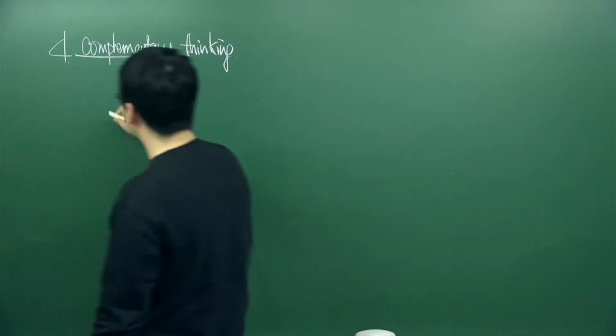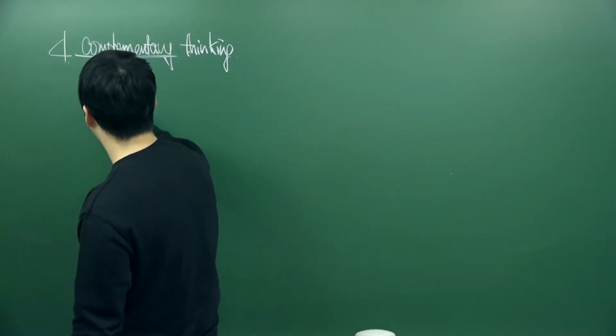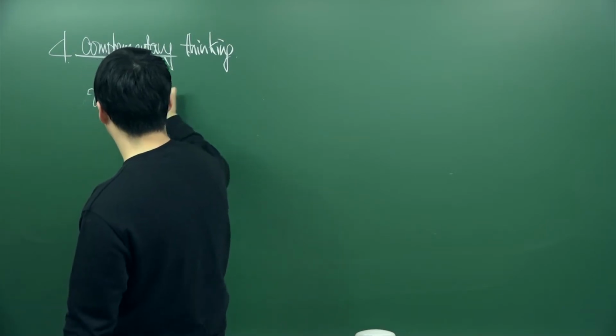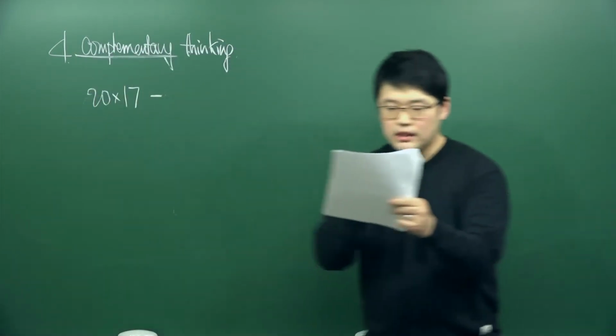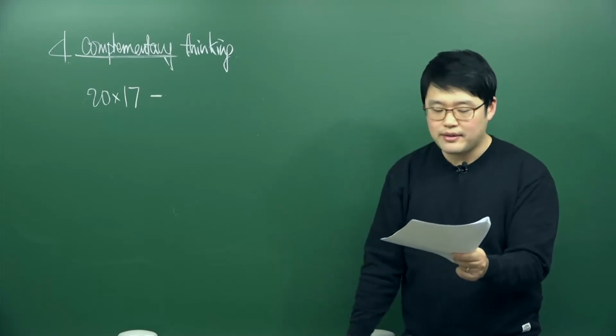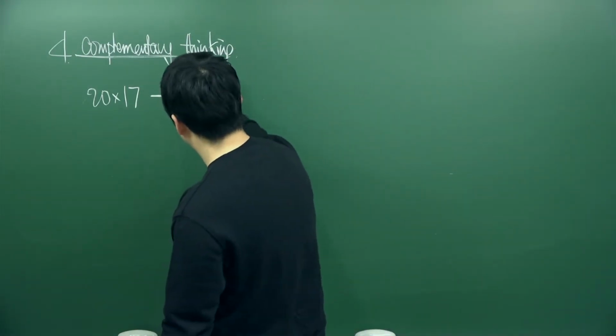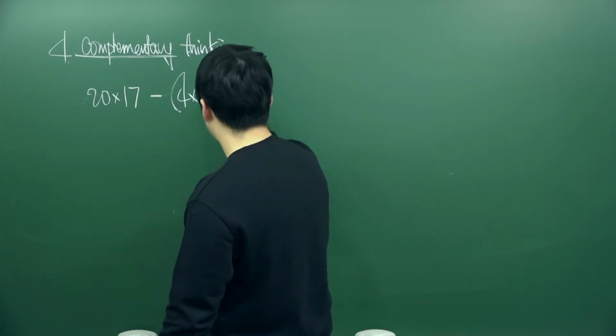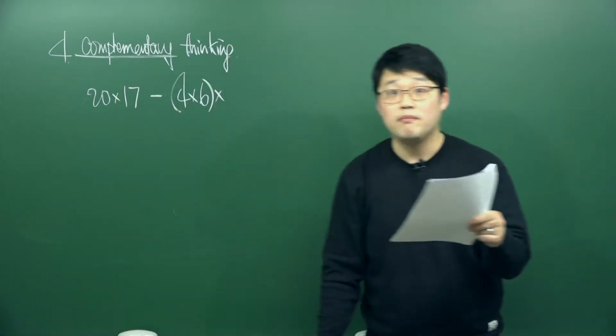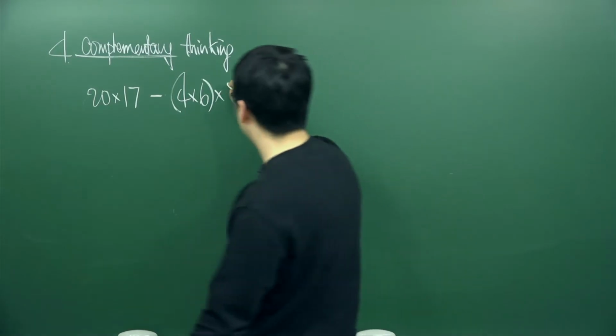What's the whole thing? 20 times 17, minus. What are the things that we need to subtract? 4 times 6. Each picture measures 4 times 6, times how many of them? There are 10, right? 10.